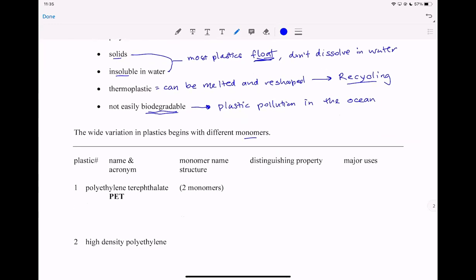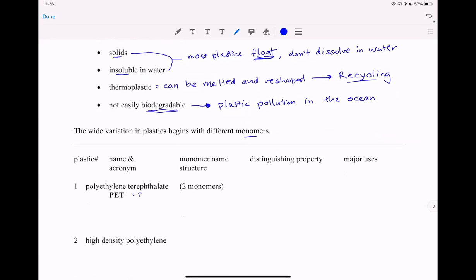So starting with plastic number 1, which is called PET, or also I had in the video PETE. This is an acronym for the longer name. This is actually not the addition polymerization, but this is the most common plastic. It is a clear, lightweight, and inexpensive plastic.